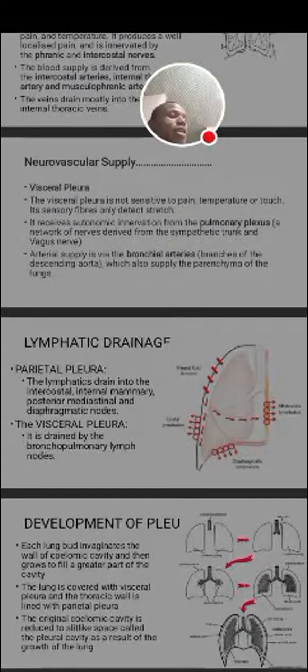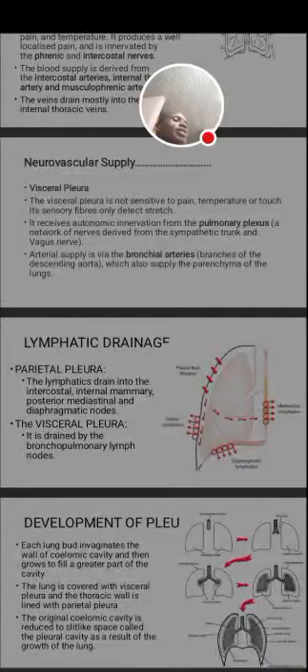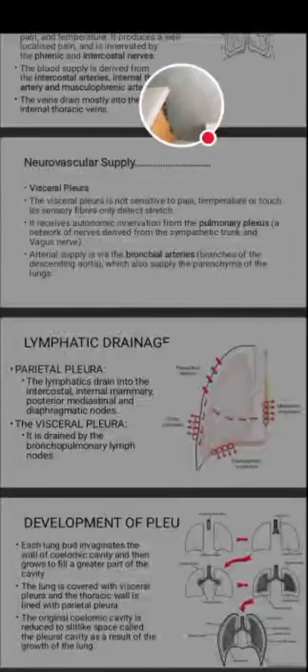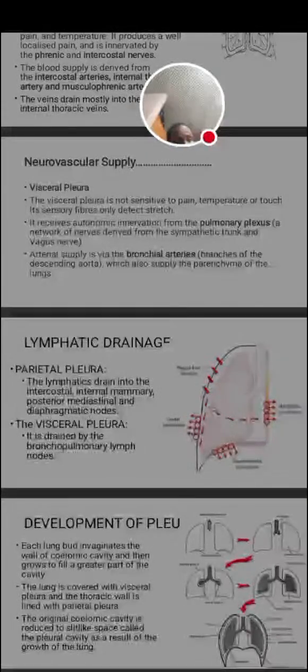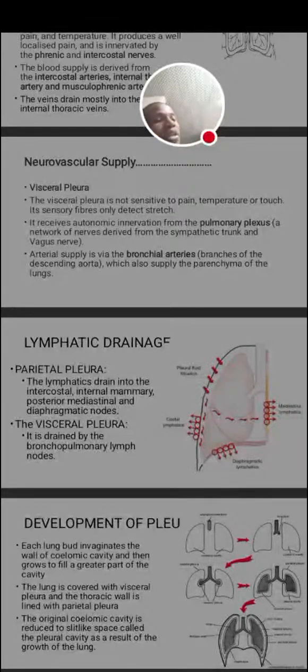So we said AI, ITA: artery intercostal, internal thoracic artery. Then which other artery supplies it?